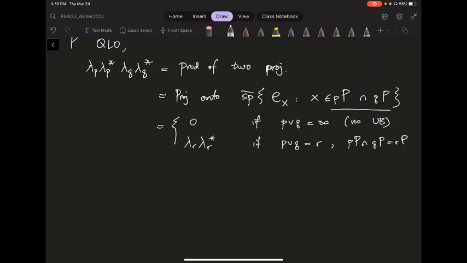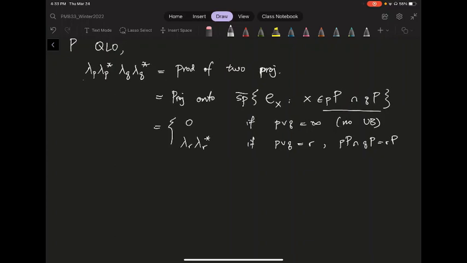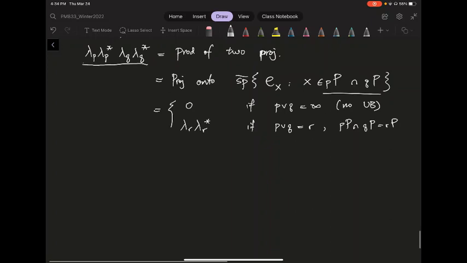Here, as you can see, if you change the order and do lambda q lambda q star times lambda p lambda p star, that still equals lambda r lambda r star. So that looks like a condition that's missing inside the old definition of the universal semigroup C-star algebra, and that basically motivated Nica's definition.